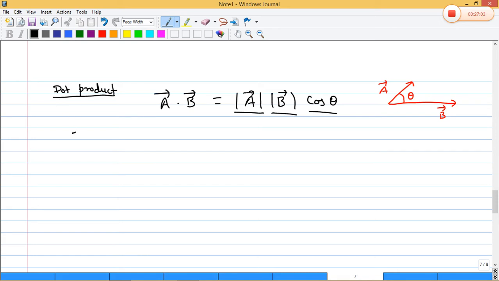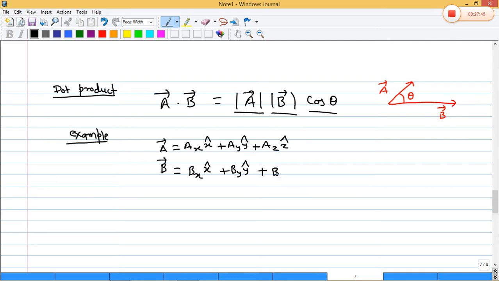Now let's take an example. If the A vector is ax x cap plus ay y cap plus az z cap, which we can represent in unit vector terms, and another vector B is bx x cap plus by y cap plus bz z cap, we have to multiply these.